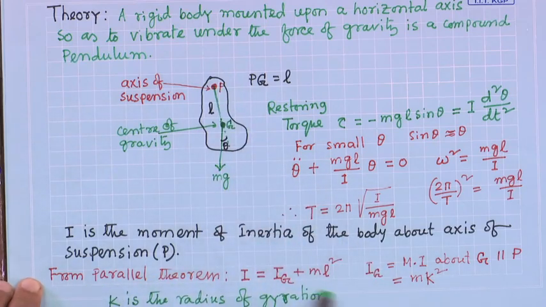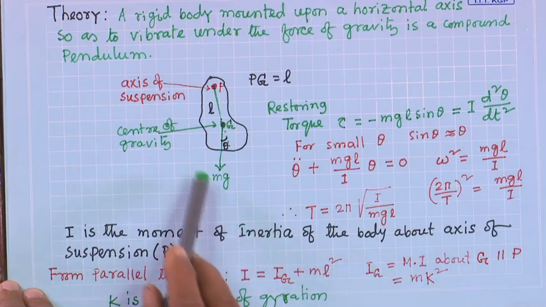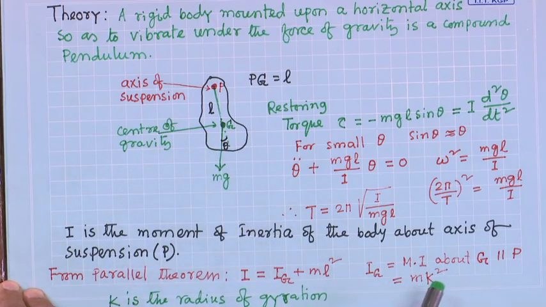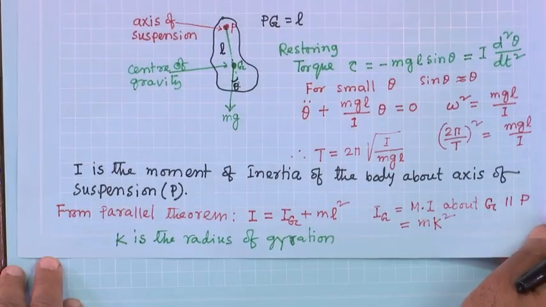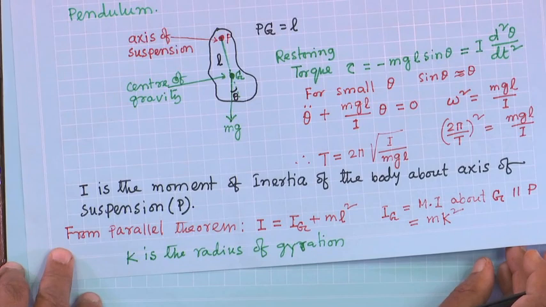This comes from the parallel axis theorem of moment of inertia. Then I g is m k square, and this k is called the radius of gyration. k is the distance.